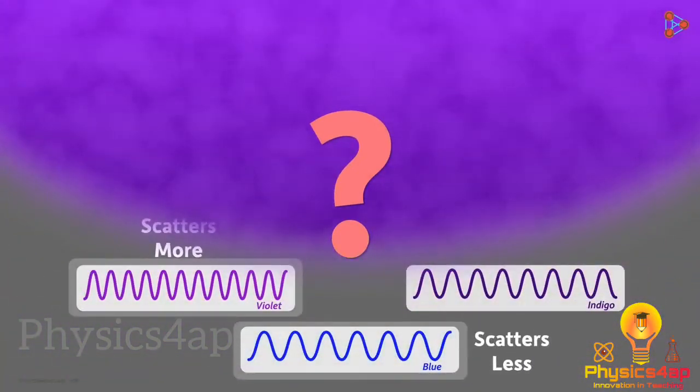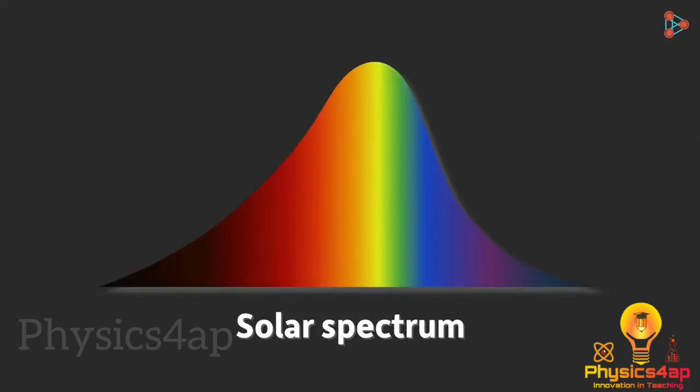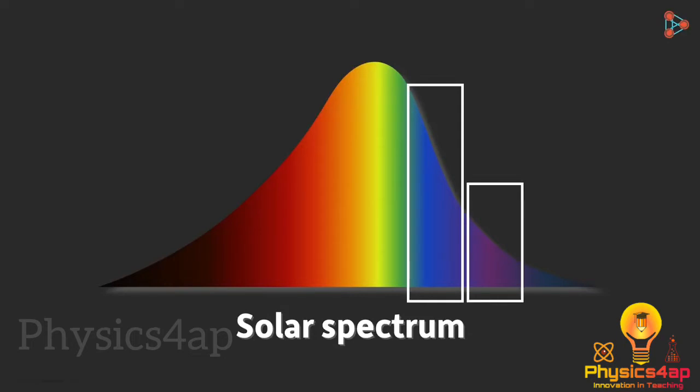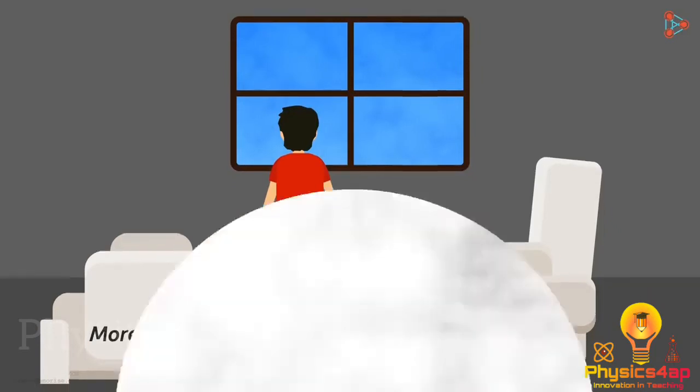When compared to blue, violet scatters more and blue scatters less. But if we see the solar spectrum, the sunlight coming from the sun, you can see that blue is more visible to us when compared to violet. That is the main reason we see the sky as blue but not violet. And we have another reason: our human eye is more sensitive to blue when compared to violet.